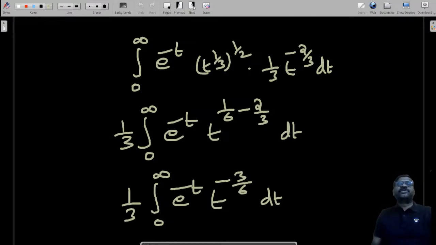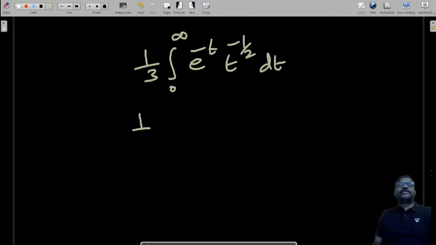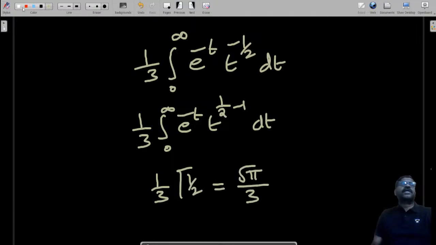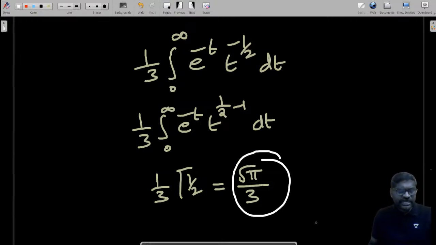That is e power minus t into t power minus 1 by 2 dt, that is 1 by 3 into gamma half, root pi by 3. Final answer is root pi by 3.